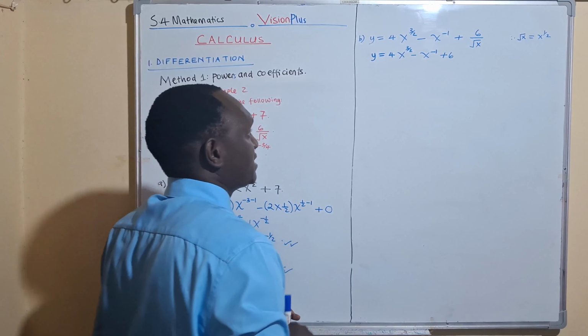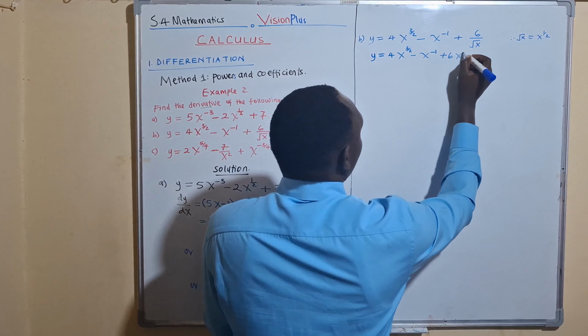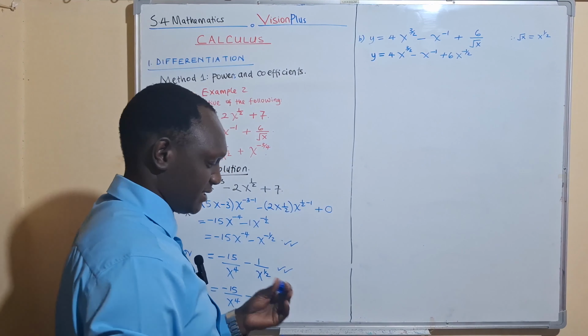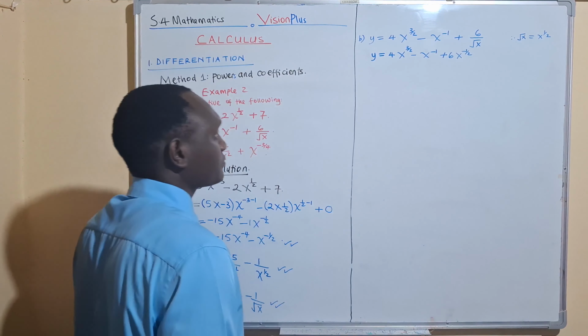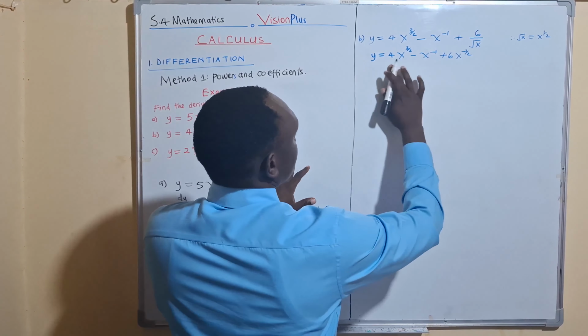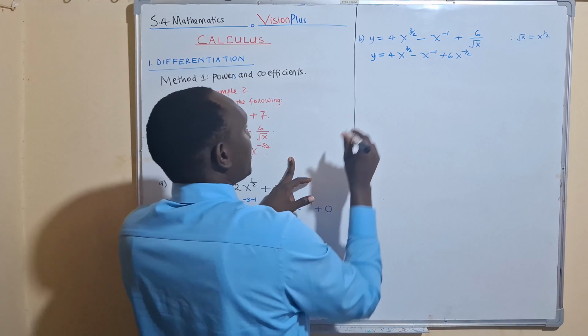So if I take x power half up, I will have x power negative half. Those are the laws of indices. We shall have x power negative half. Now from here we can differentiate because all the terms with the variable are in the numerators.